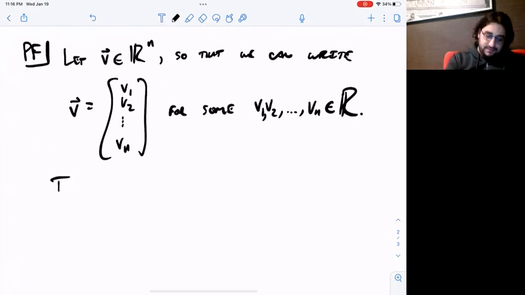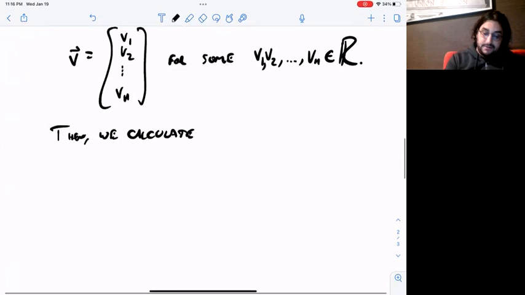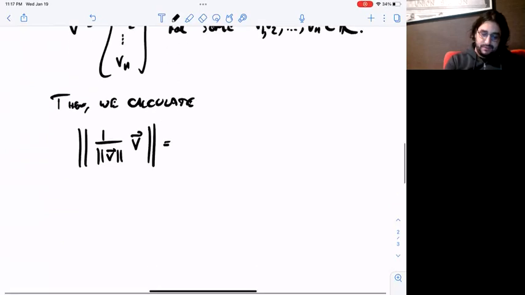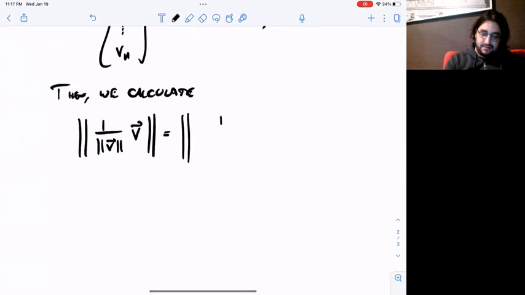Then we calculate, starting from the left-hand side of the identity. So we calculate the magnitude of 1 over the magnitude of v times v.